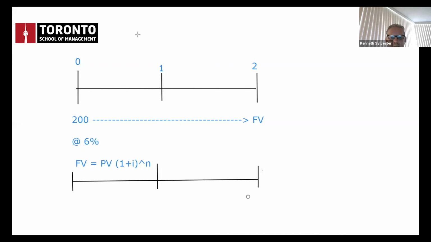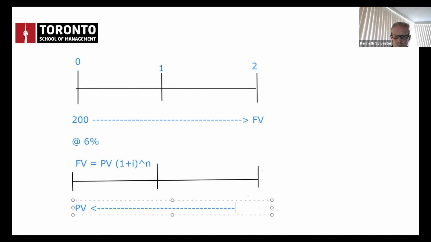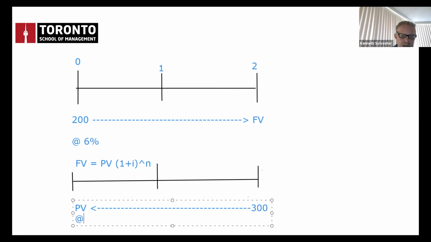So let's say that I was going to receive $300 in 2 years, and I want to know what is the present value of 300 at 7%.